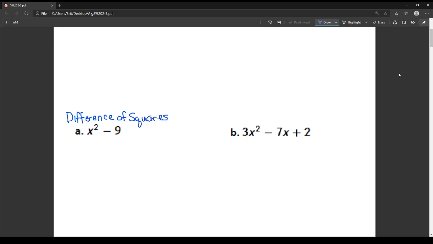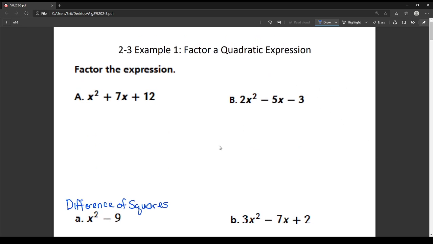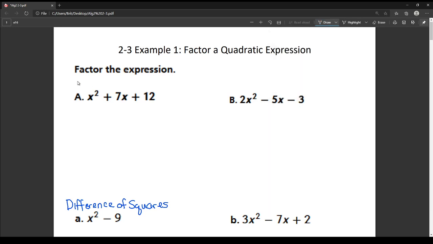I'm going to use the same factoring method, which is called factoring by grouping, as these three, although I'm going to call this one the double bubble method, which you're going to see here in just a moment because it's faster. So when my a value is 1, I'm going to factor with the double bubble.